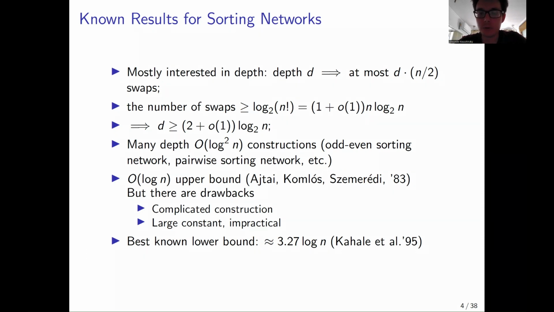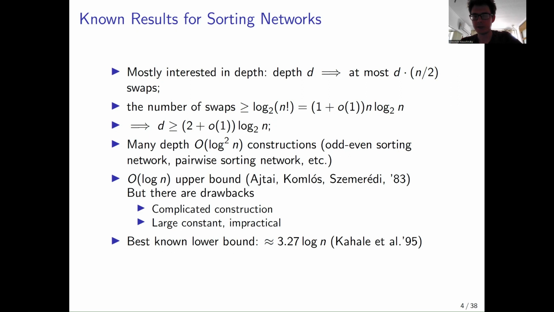So the open problem here is to try to search for a simple construction or simple argument where the depth is still logarithmic and hopefully the constant is not that large. Now, in terms of the constant before log n, there is some optimal constant.